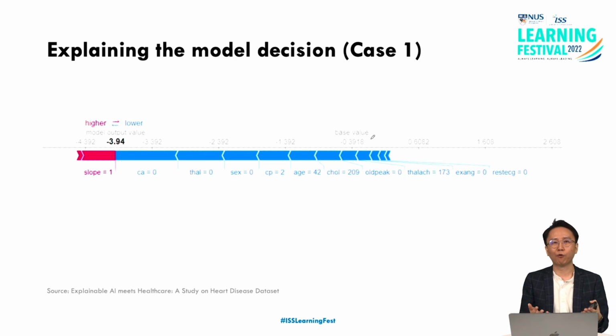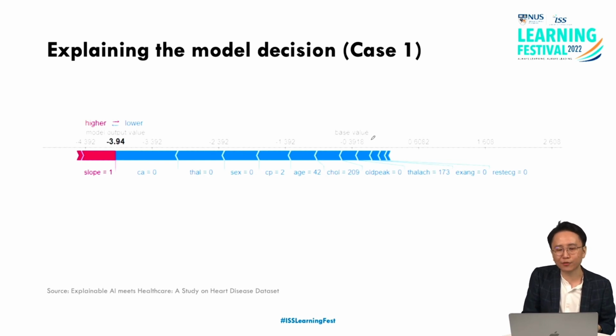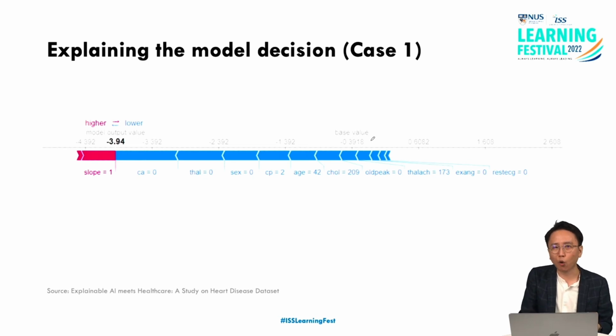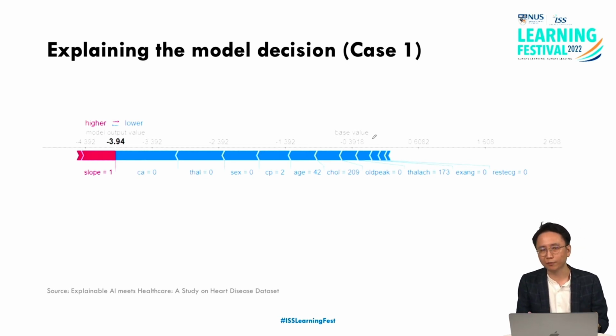Now, if for a specific patient, the model makes a prediction with a value higher than the base value, it signifies that the patient is more likely to have a disease. If the model makes a prediction with a value lower than the base value, it signifies that the patient is more likely to be normal.